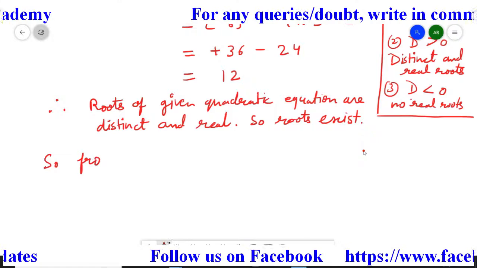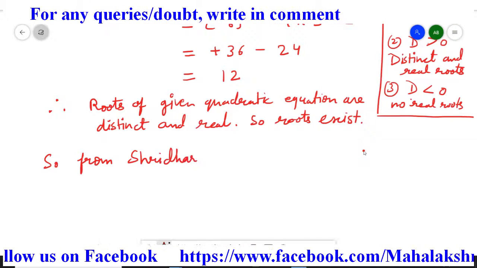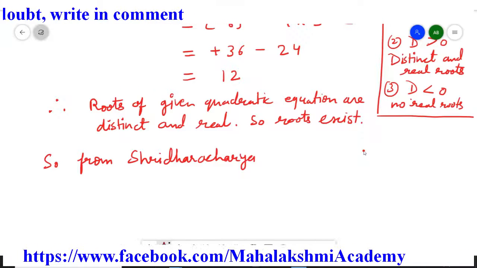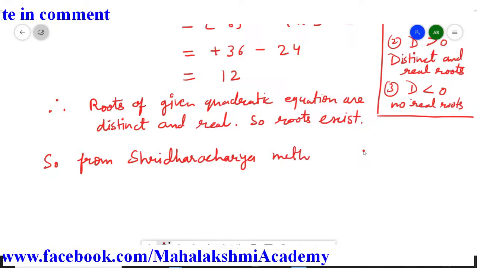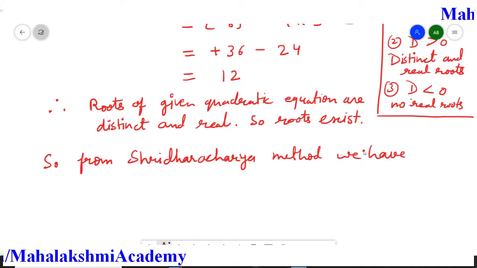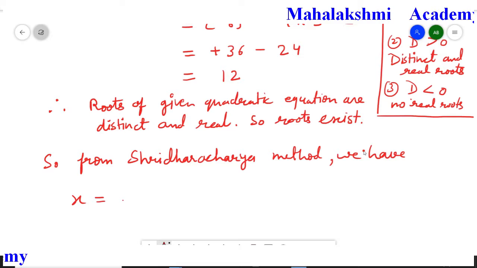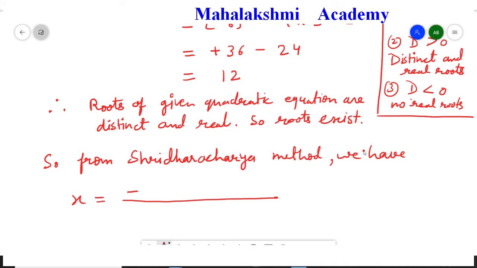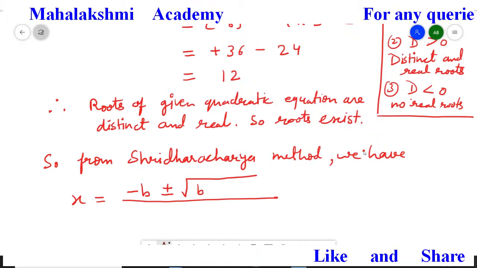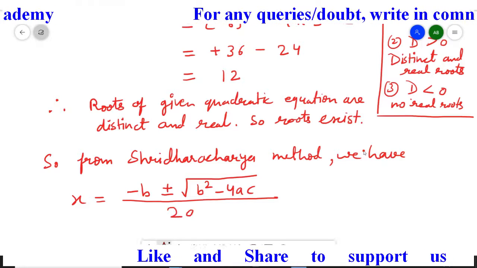From the Sridhar Acharya method, we have the quadratic formula: x is equal to minus b plus minus square root of discriminant, that is b square minus 4ac, upon 2a.